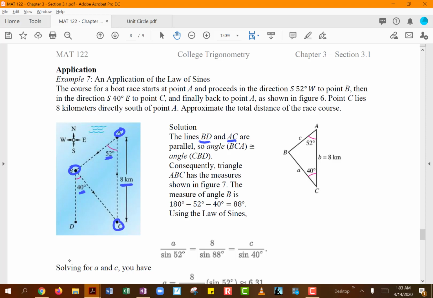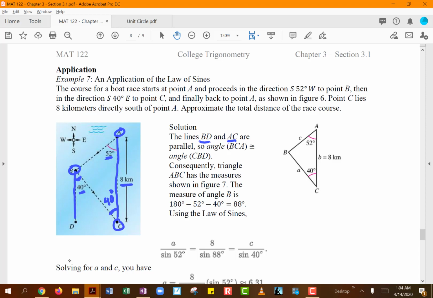Since those lines are parallel, you can say that angle BCA, which is this angle here, is going to be congruent to angle CBD, which is this one, which means if these two angles are congruent, then this angle is also going to be a 40-degree angle.